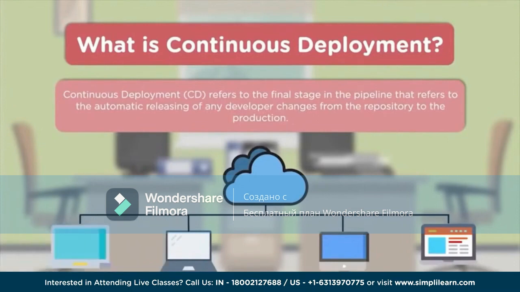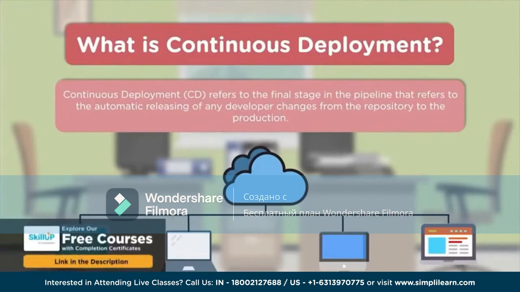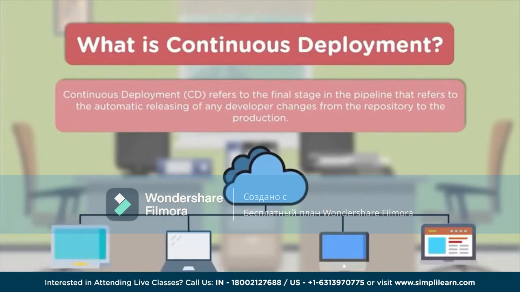And this one step ahead is nothing but the deployment to the production environment. So we are going one step ahead and deploying our artifact to the production environment so that the changes we are trying to make are deployed there.